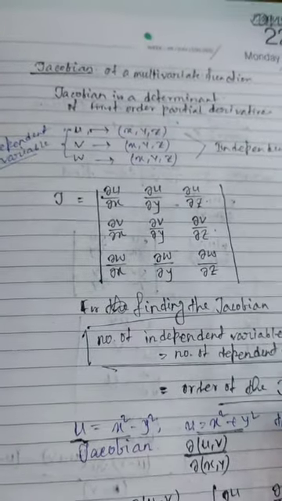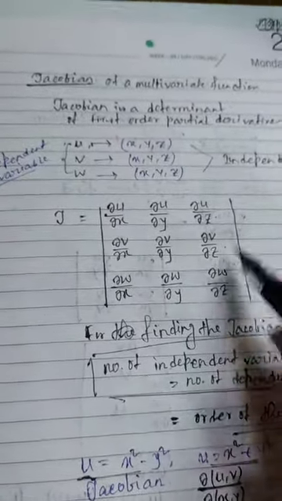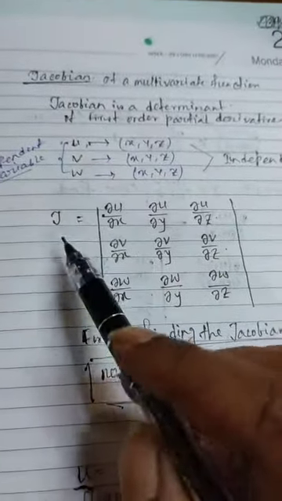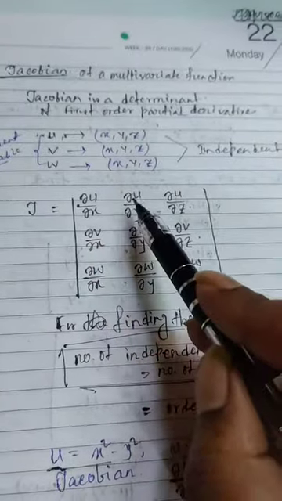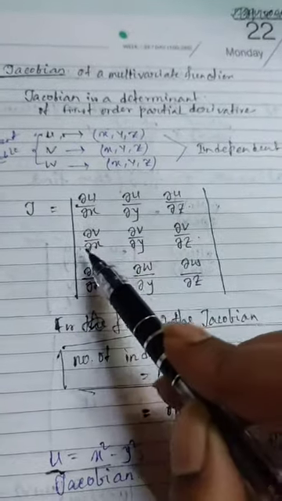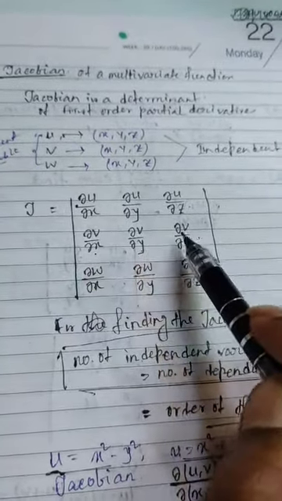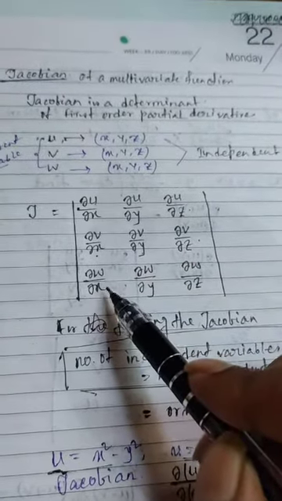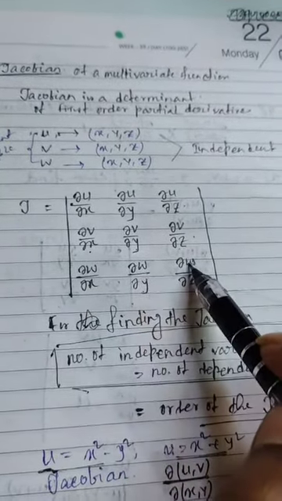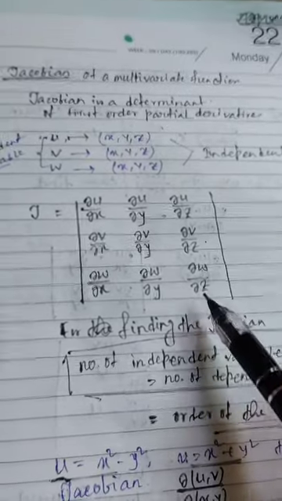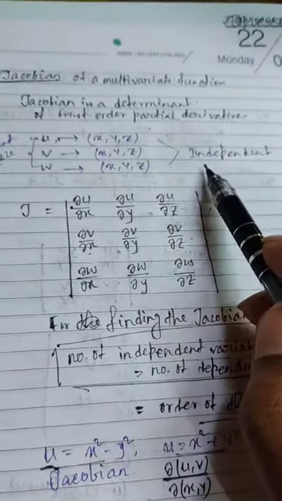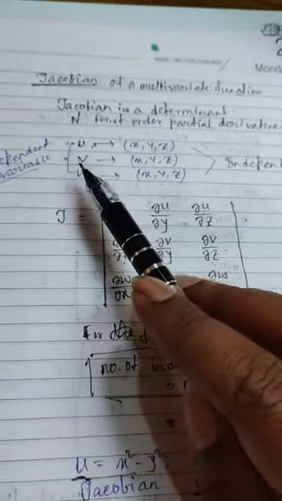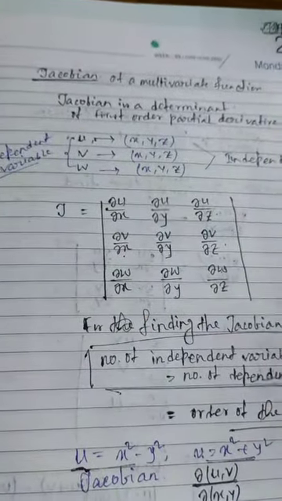Then their Jacobian can be represented as J, and J is equal to the determinant of del u del x, del u del y, del u del z, del v del x, del v del y, del v del z, del w del x, del w del y and del w del z. Here the total number of independent variables is 3 and the total number of dependent variables is 3.